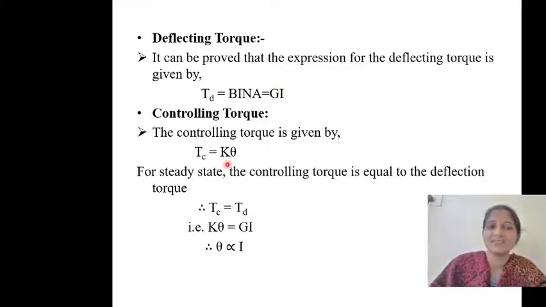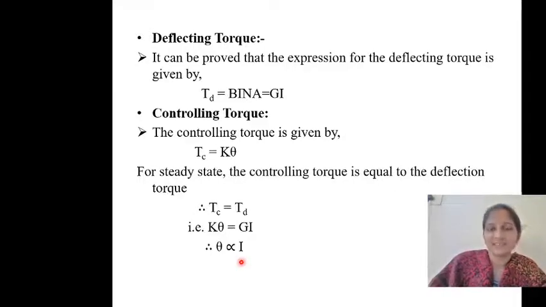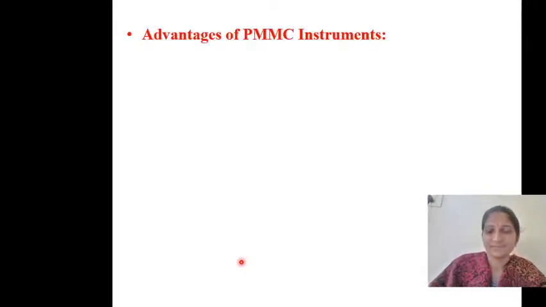That implies theta is proportional to I. So the amount of deflection will be directly proportional to the current passing through the instrument. If the ammeter is placed in the circuit, the pointer will be deflected, and the amount of deflection is the amount of current you need to measure. So that directly gives you the measurement of current. So this is the operating principle.